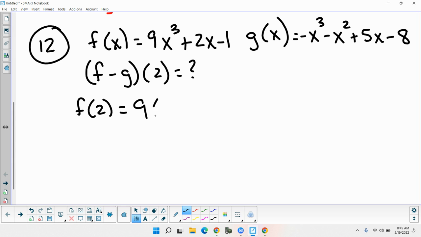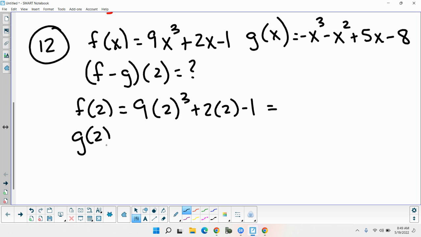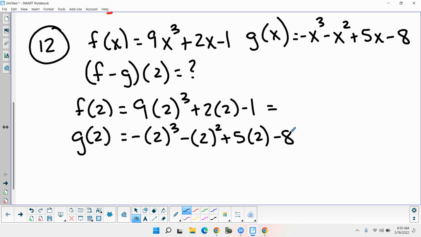Wherever there's an x, I put a 2. I'm going to figure out that answer. Then I'm going to go g of 2, and wherever I see an x, I'm going to put a 2, and figure out that answer. Then once I get the 2 answers, I'm going to do that subtraction, that f minus g, okay?